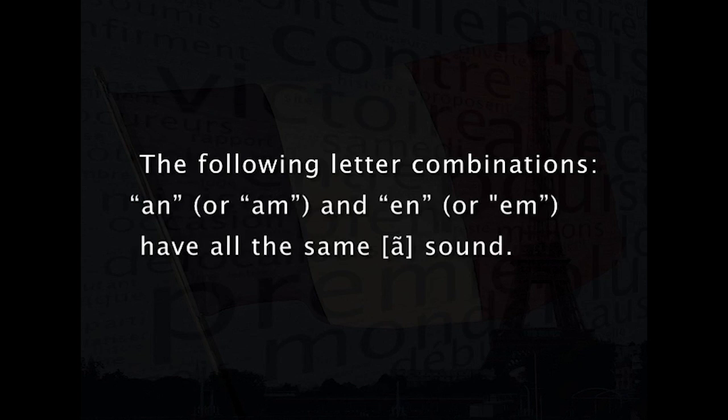Before moving on to the second nasal sound, let me summarize what we just learned. The letter combinations AN or AM and EN or EM have all the same sound.